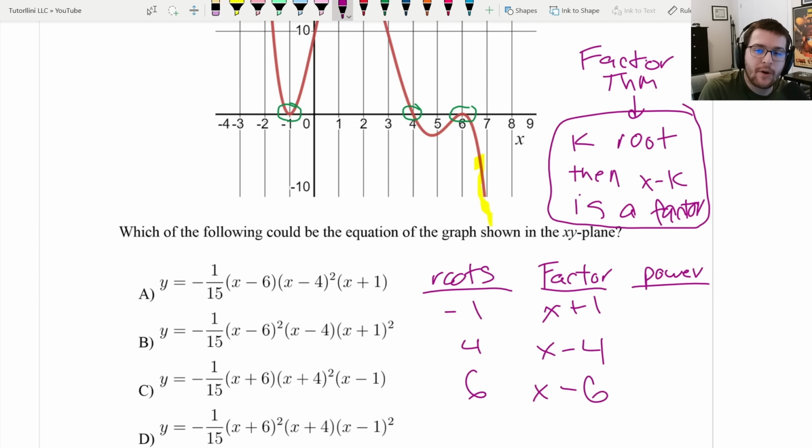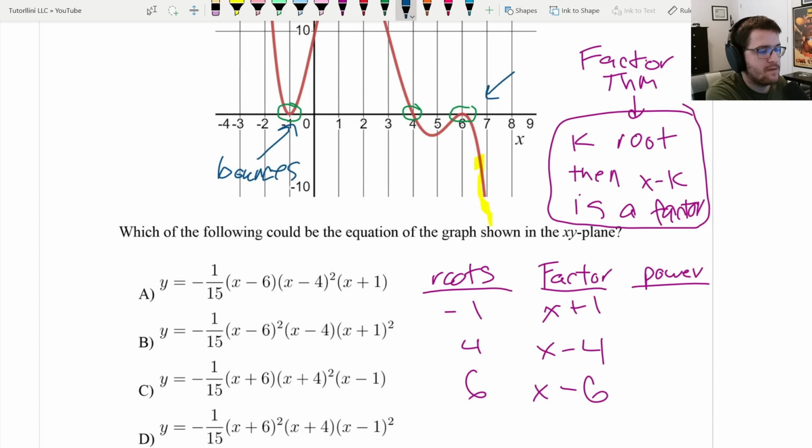Now to figure out the powers, you look at the local behavior around the root. If it bounces, it's an even power. On the SAT, usually that's just 2, right? And if it crosses through, it is going to be an odd power. Usually on the SAT, it's going to be 1. So this one bounces.